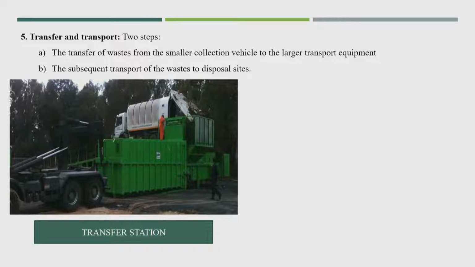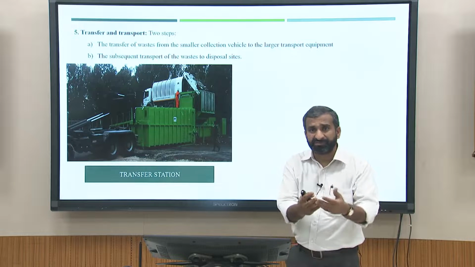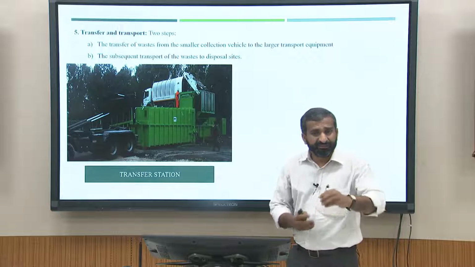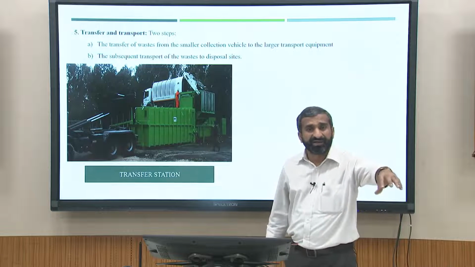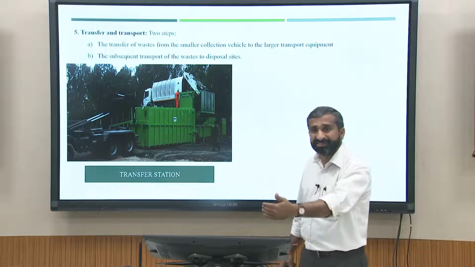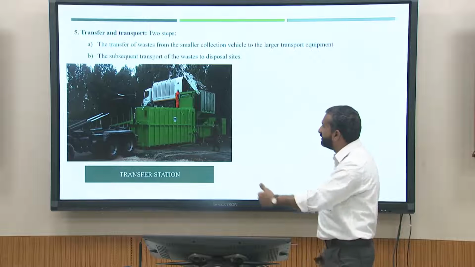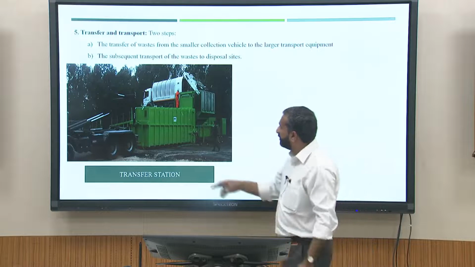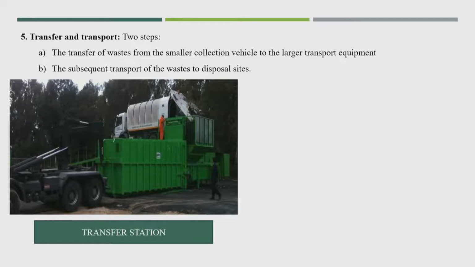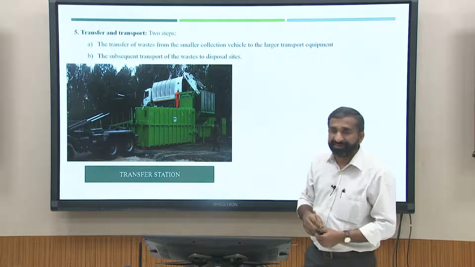Even auto tippers, which take 200, 300 or 500 kg of waste collected from household areas, can dispose into the transfer station. From there, the waste is unloaded into a bigger container, and with this bigger container the waste is transported to the disposal area or treatment facility.